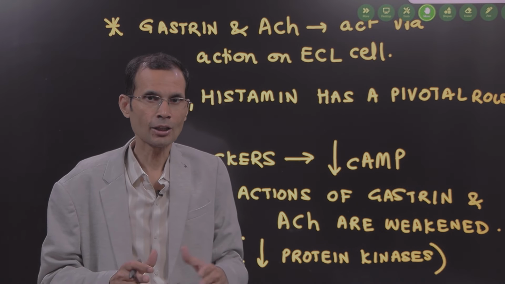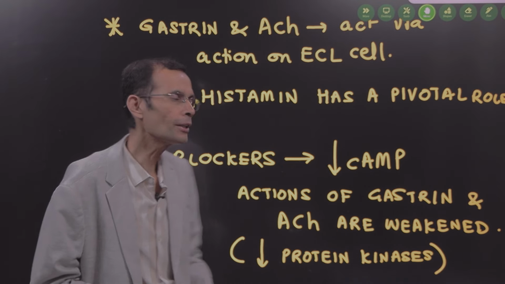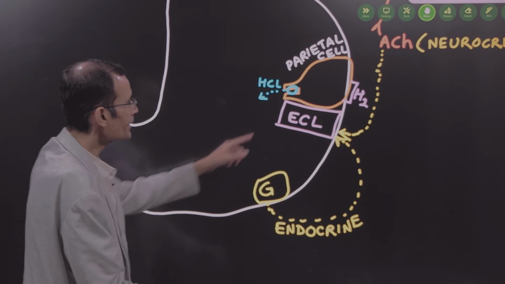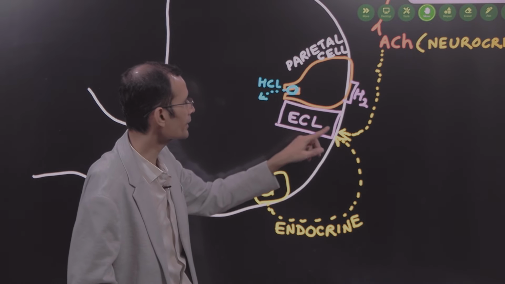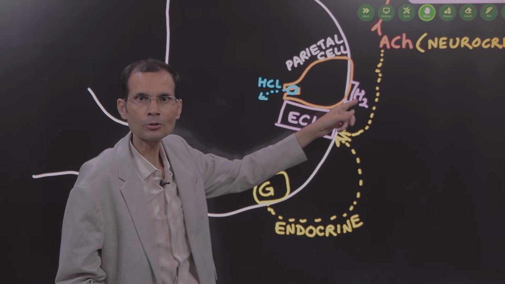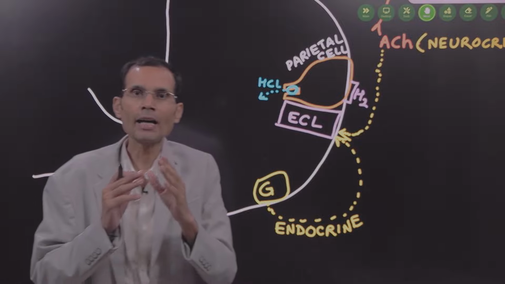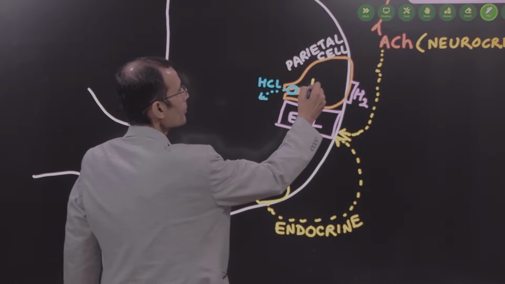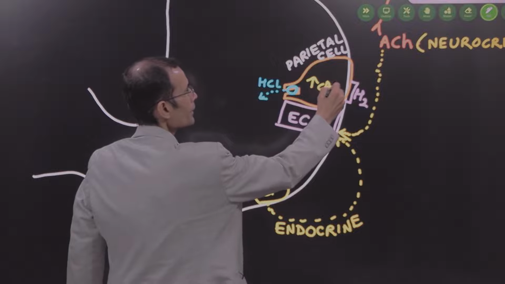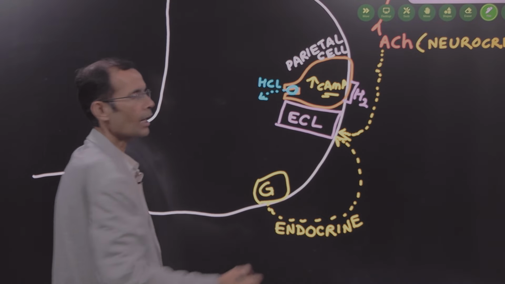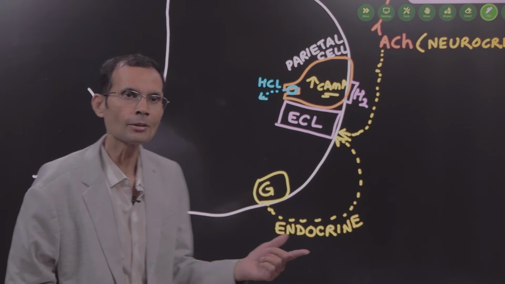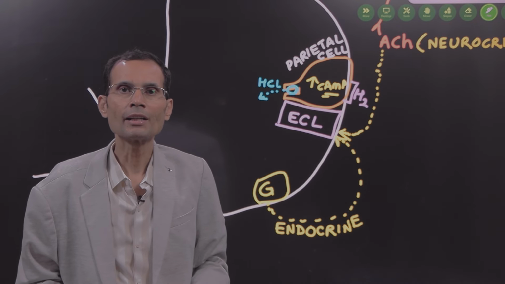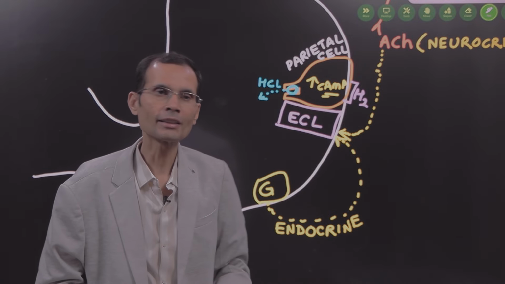Additionally, that's also an important point. Basically, when the ECL cell releases histamine, and histamine acts via the H2 receptor to cause acid secretion, it acts via increasing the cyclic AMP levels inside the parietal cell. Histamine action on the H2 receptor causes increased cyclic AMP levels, and that is how the HCl secretion is increased.